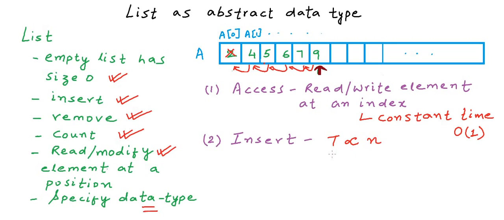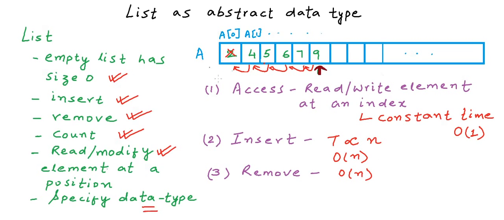In other words, insertion will be big O of n in terms of time complexity. If you do not know about big O notation, do not bother. Just understand that inserting an element at a particular position will be a linear function of the size of the list. Removing an element will again be big O of n. The time taken will be proportional to the current size of the list. n is the size of the list here.